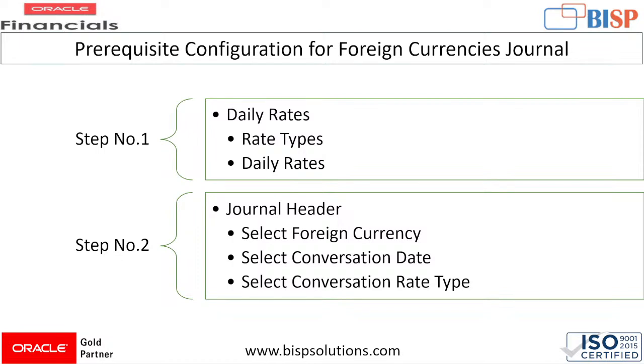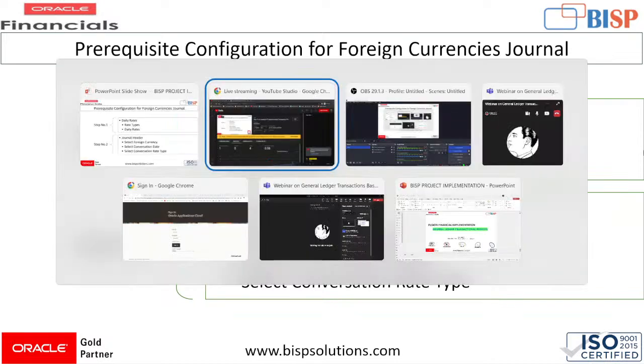So these three things are to be selected in the header portion of the journal. There are three portions, that is batch, journal header and line. So let us move to the application and log in with the user.